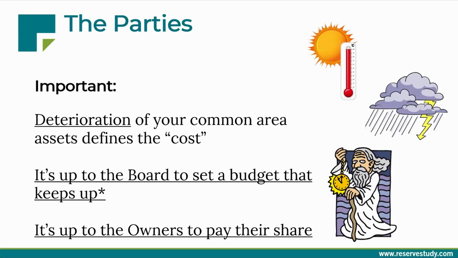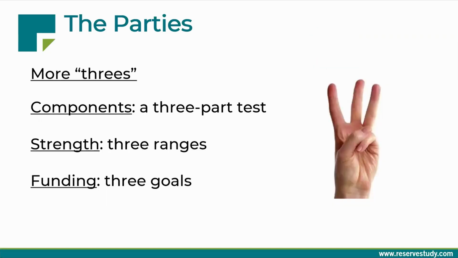So that's the teamwork here, and already you can sense that there are multiple parties involved. The board and the homeowners need to work together to have success at the association. I'm going to suggest that there are even more threes. We talked about those things on the last slide, but of the components, there's a three-part test to define which projects are appropriate for reserve funding.